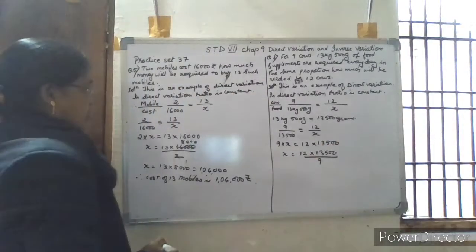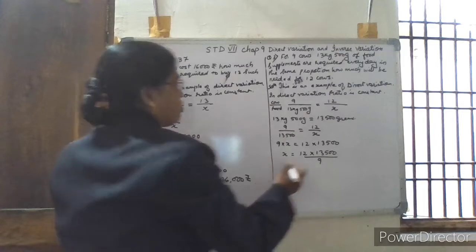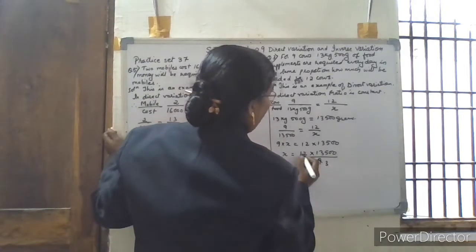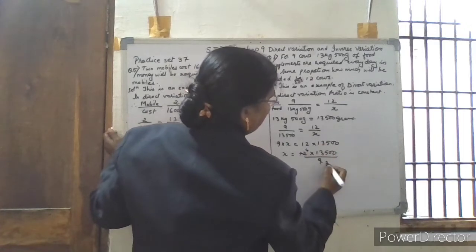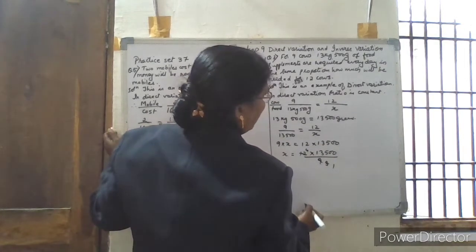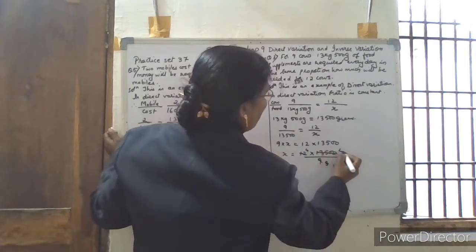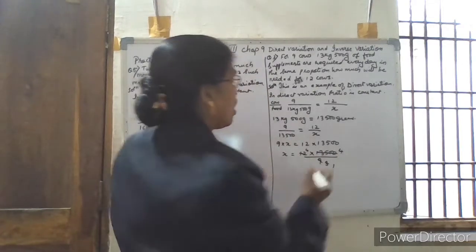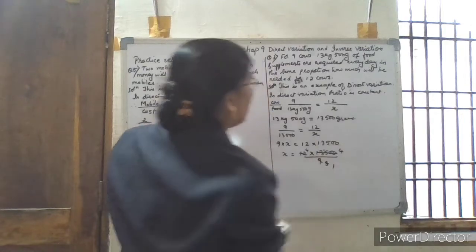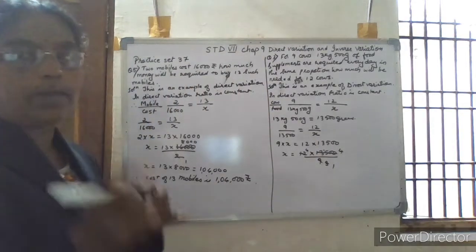Now 12 and 9 are cancelable: 3 threes are 9, 3 fours are 12. Again this number and this number are cancelable: 3 ones are 3, 3 fours are 12, 13, 1 extra that you write here. So 1 and 5 make 15.